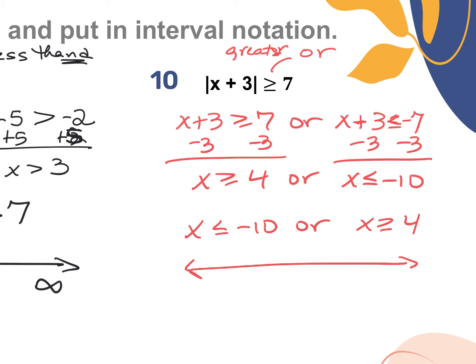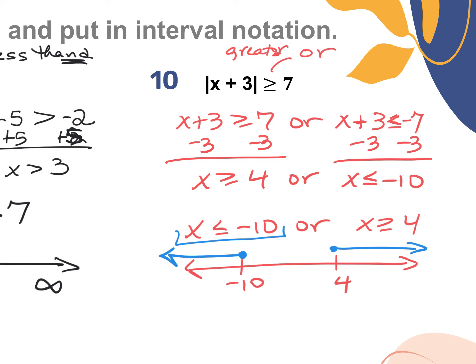So add it to the number line. This is where we're going to use our union. So negative 10 here, positive 4 here. So when I graph this one will be in a closed circle going that way, closed circle going that way.